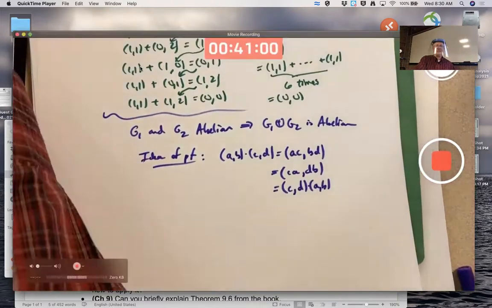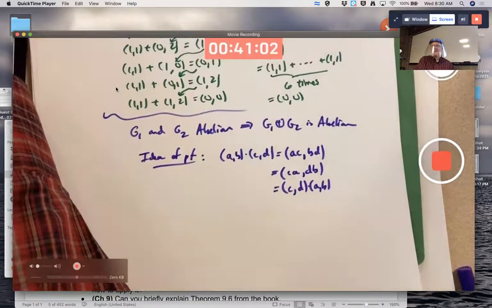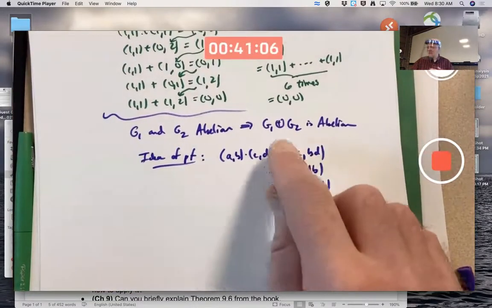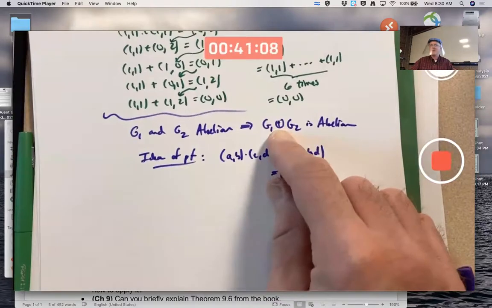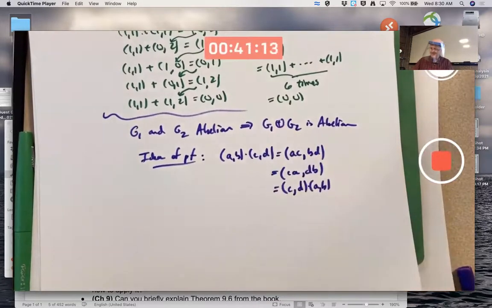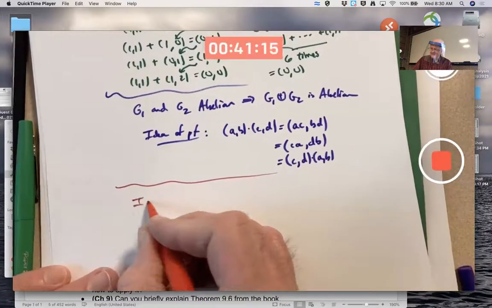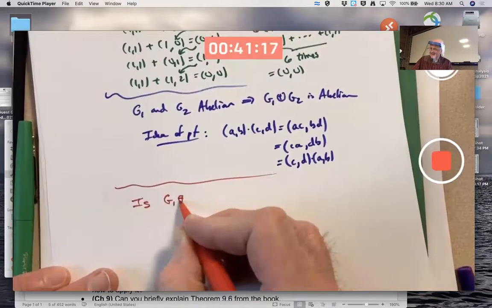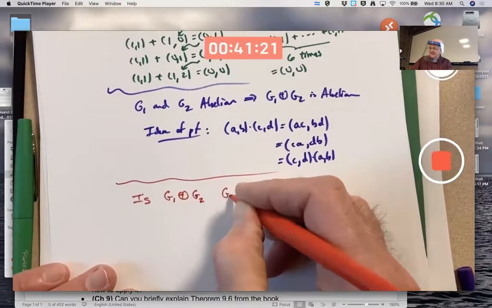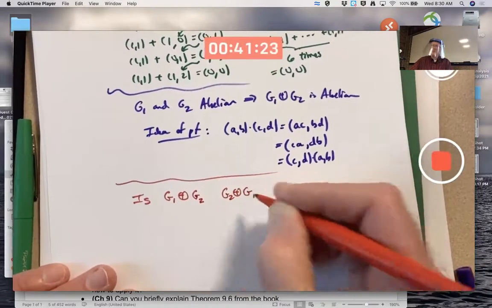I don't know if you meant this, the person who asked this, but you might also wonder, is this operation for external direct product, is that an abelian operation? In other words, is the external direct product of G1 with G2 the same as the external direct product of G2 with G1?